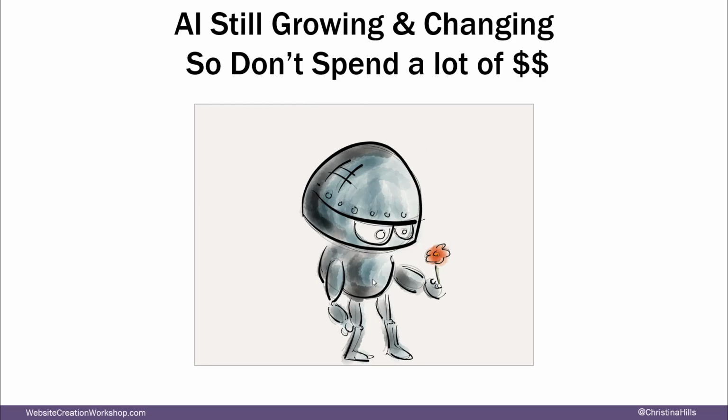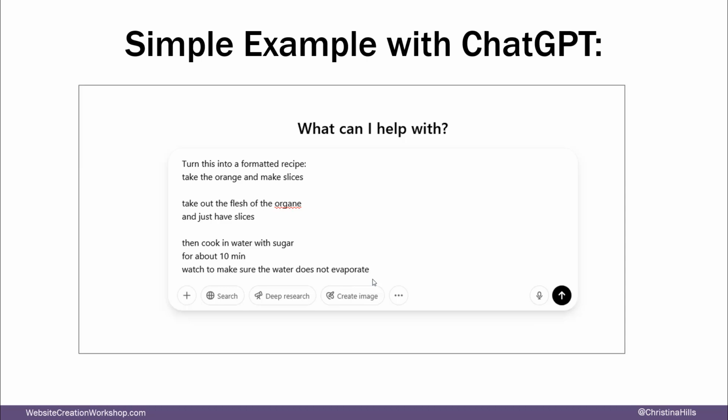And start out simple. So here's a simple example of what I did with ChatGPT. And you might be listening to me thinking, well, Christina, I'm already a whiz at ChatGPT, and you might already be a whiz. I'm trying to encourage people who've not started using it to start really simple.